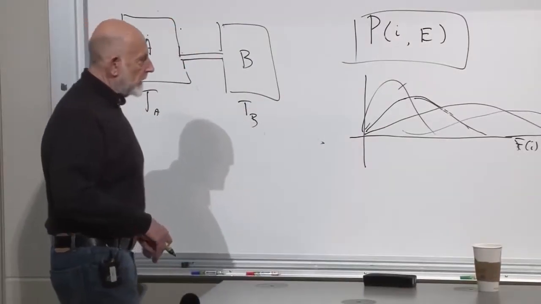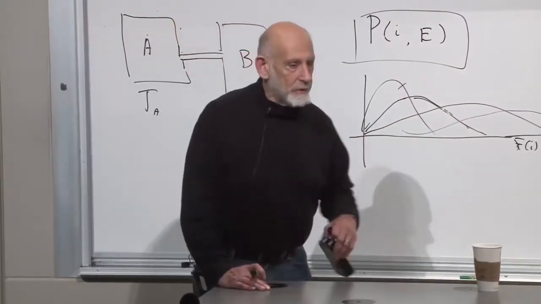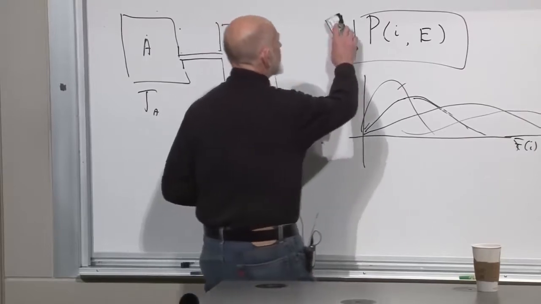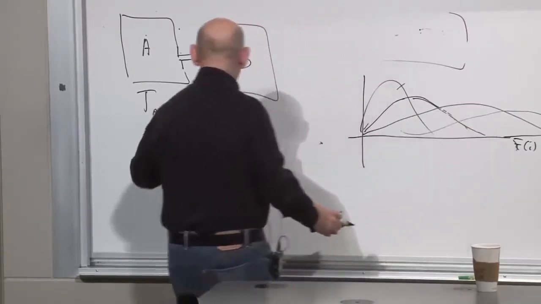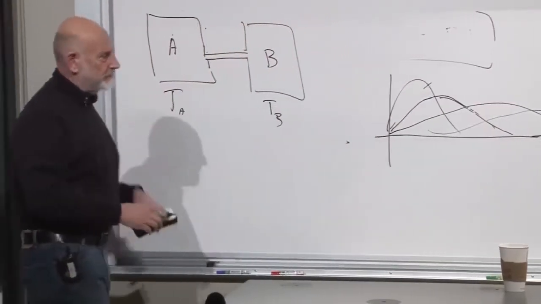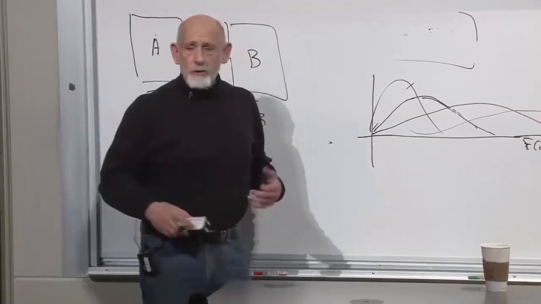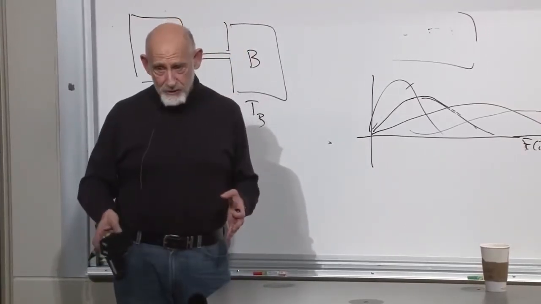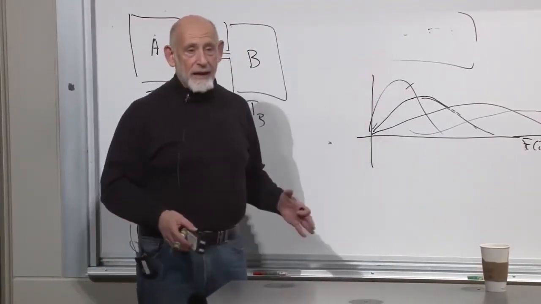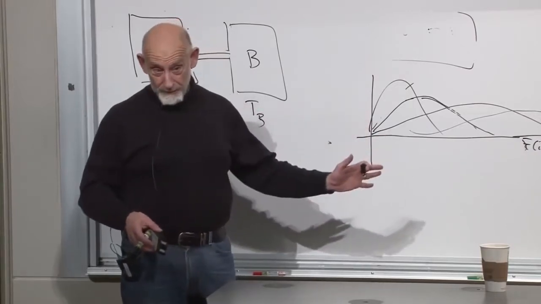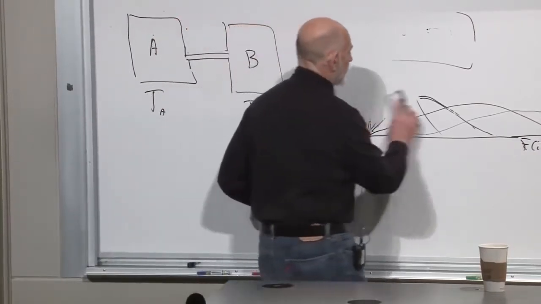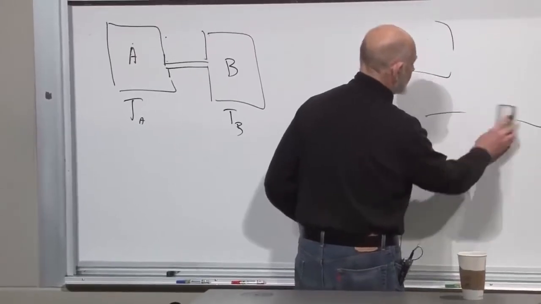Arbitrarily, let's say that TB is bigger than TA. If it's the other way, then we just interchange A and B. Of course, it's possible that TA exactly equals TB, and we will see in that case that heat doesn't flow either way on the average, heat meaning energy now.